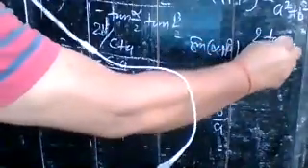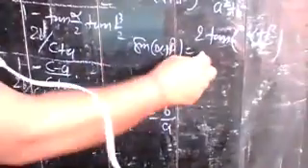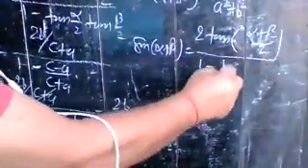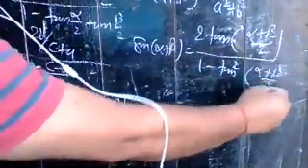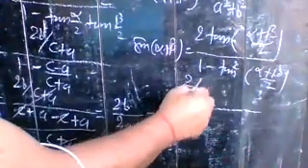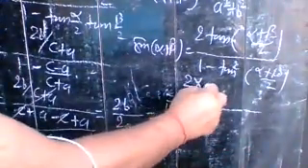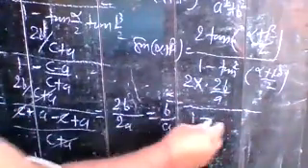Now come to the identity which is required here, which is sine alpha plus beta. So write it, sine alpha plus beta is equal to 2 tan alpha plus beta by 2 upon 1 minus tan square alpha plus beta by 2. Only you have to put its value and you will have your result. So 2 times b by a upon 1 minus square of this quantity.